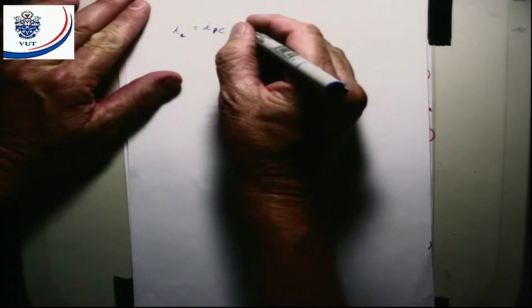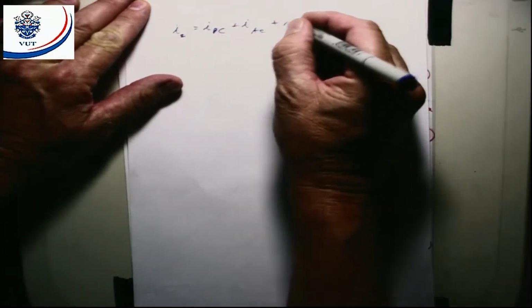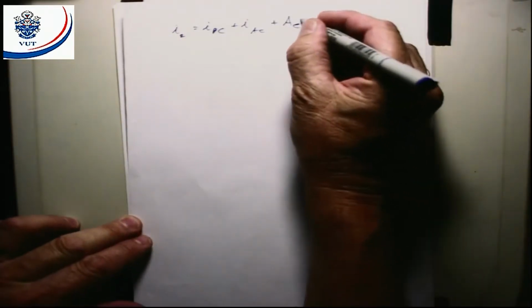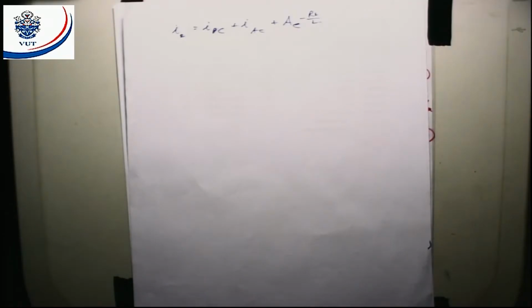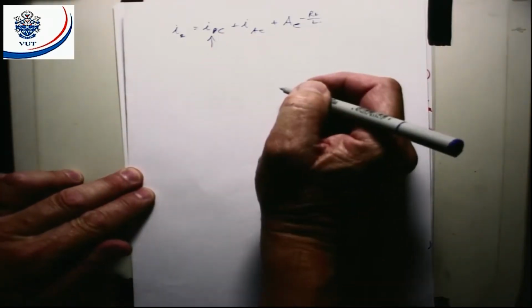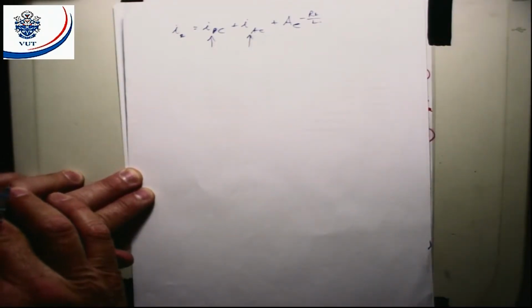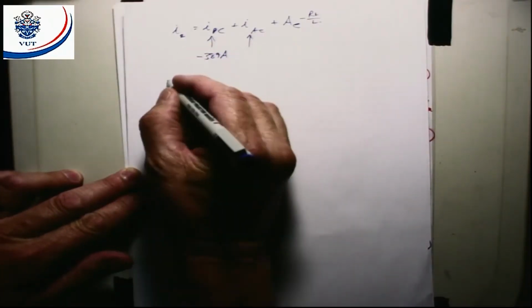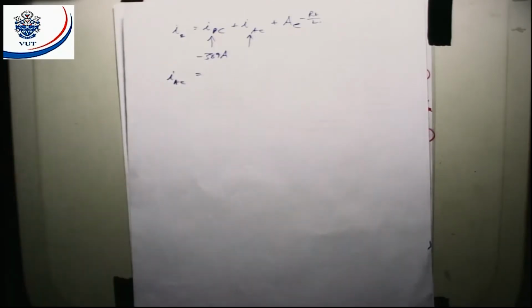So we repeat. We start off again. I2 is equal to IDC plus IAC plus A. Do you want it A or B? What did I do here? Oh, I said A. A e to the power minus Rt over L. That one is still the same. This one is different. So that one we know is minus 389 amps. The IAC is now different. In which way is it different?